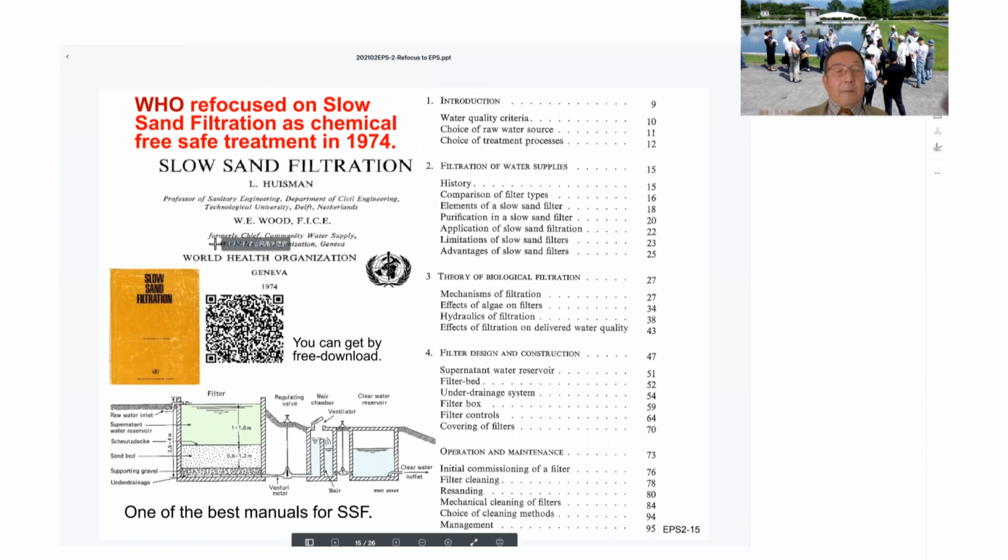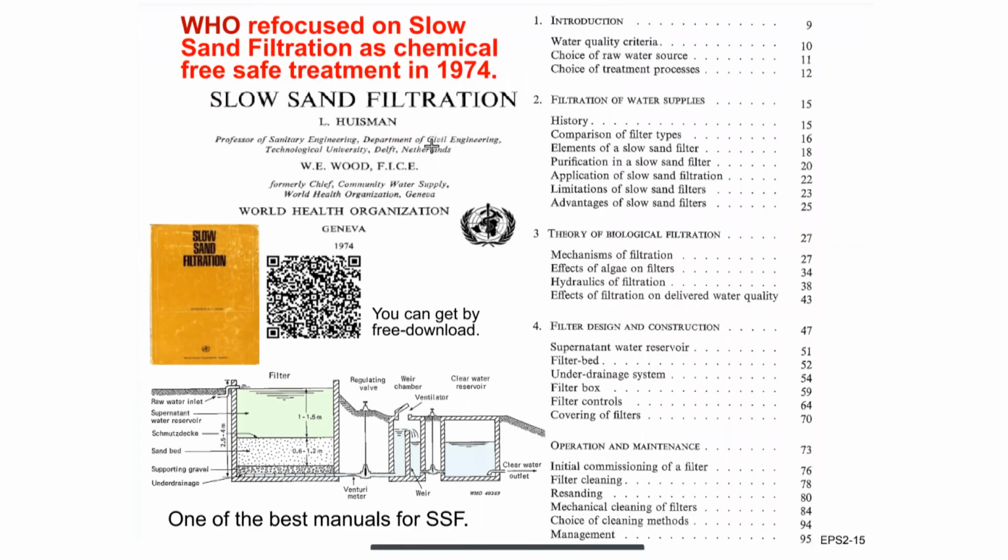This is one of the most famous manuals, Slow Sand Filtration by Frisbee and Wood. You can get a free download by searching on the internet. It is one of the best manuals of the slow sand filter.